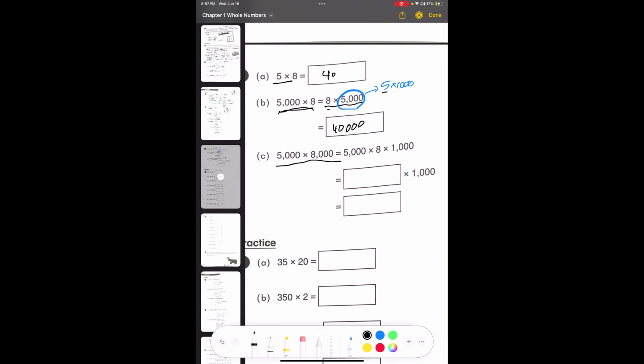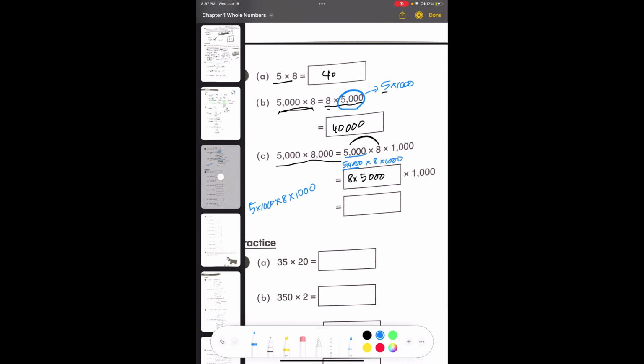5,000 times 8,000. Well, you can break both of these up into 5 times 1,000 times 8 times 1,000. And that does look really complicated, doesn't it? So over here, just write 8 times 5,000, because you can rearrange these. But you can't split up 5,000 into 5 and 1,000. This does look really complicated. 5 times 1,000 times 8 times 1,000.